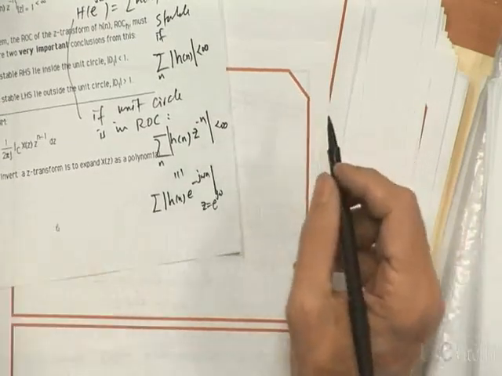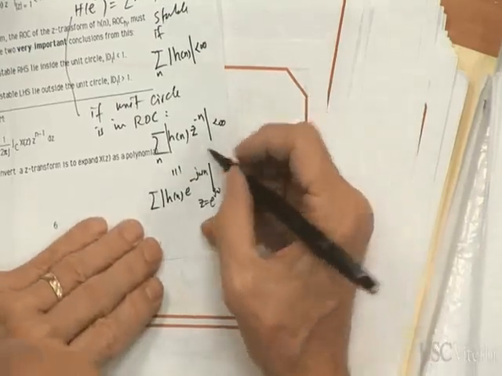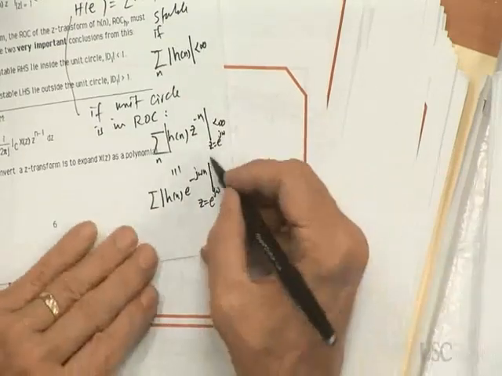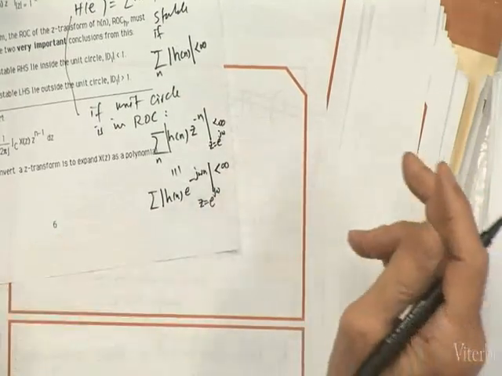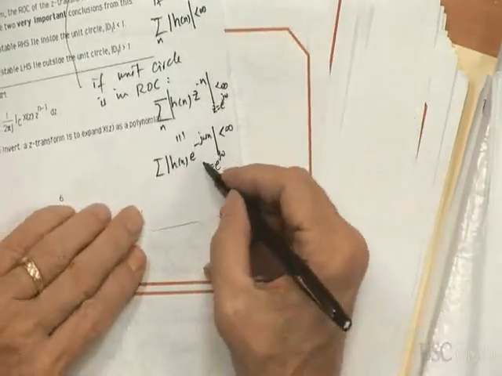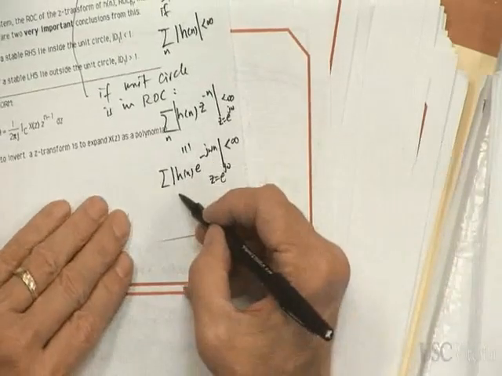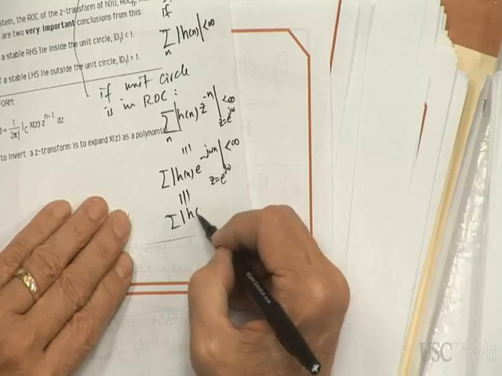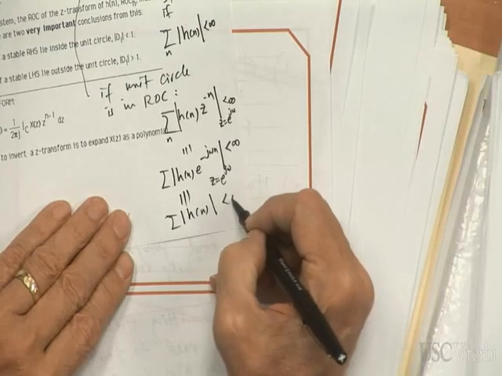And notice this, the magnitude of e to the minus j omega n is 1, and so this is equal to the sum of the magnitude of h of n, less than infinity.